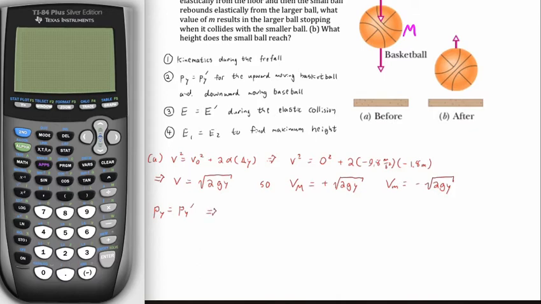Well, that's going to become little m times negative 2gy, plus big M times positive 2gy, and that's going to equal little m times v little m final plus big M times v big M final. Okay, so those are our two unknowns that we're going to have to solve for.